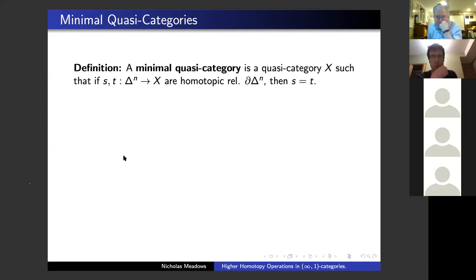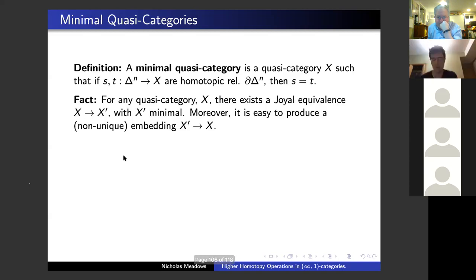A minimal quasi-category is a quasi-category X such that any two n-simplices homotopic relative to the boundary are equal. And for every quasi-category X, there exists a Joyal equivalence from X to some minimal quasi-category.